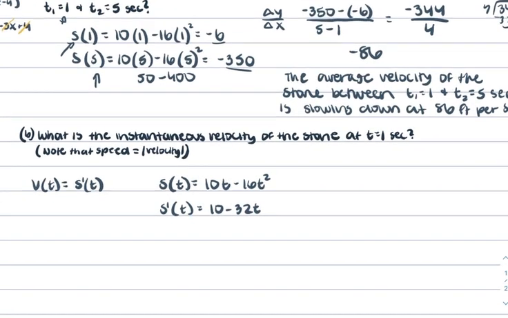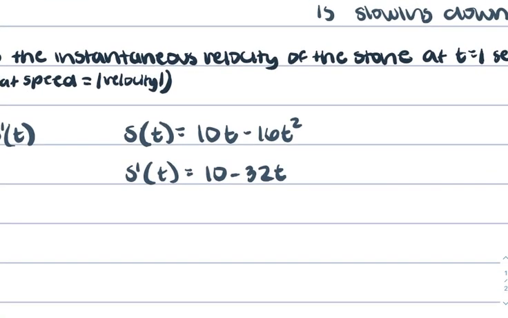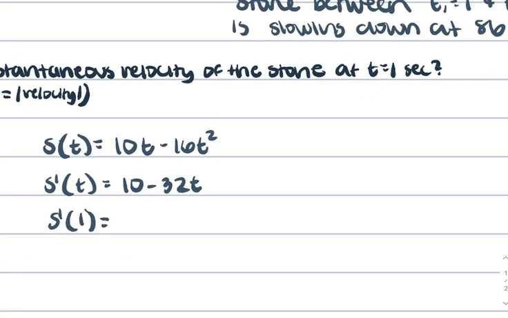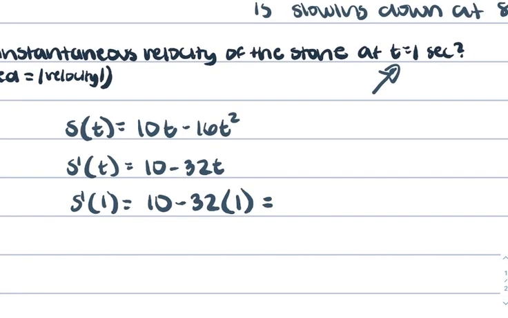Then it wants t of 1 second, and it says note that speed equals the absolute value of velocity. So if we plug in 1, because it's asking for time of 1, we get 10 minus 32 times 1, which is negative 22.